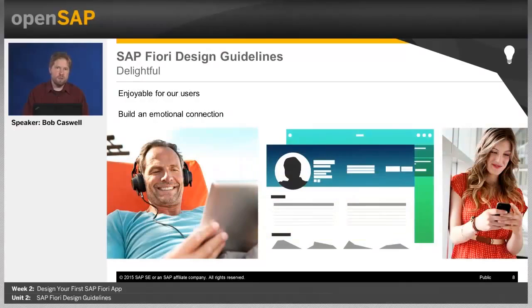The next principle is hard to quantify, but nonetheless still very important to address. It's delightfulness, or delightful. So what does this mean? What we like to think this means is that every Fiori app should be enjoyable for users. It should really help make them better at their job and build an emotional connection. Think of your favorite consumer apps that you have loaded on your iPhone or Android device and that you use regularly when you're doing your daily activities.